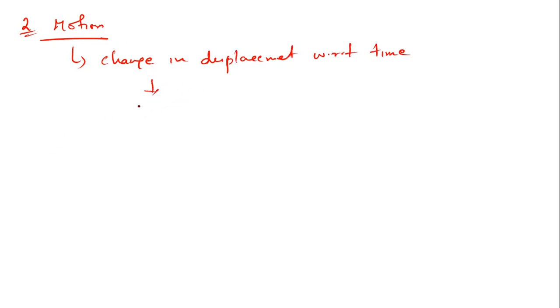So the parameters involved here are displacement, distance traveled, velocity, speed, or maybe I can say speed and direction, the change in direction, change in velocity, or what you call acceleration. So all these parameters come into motion.